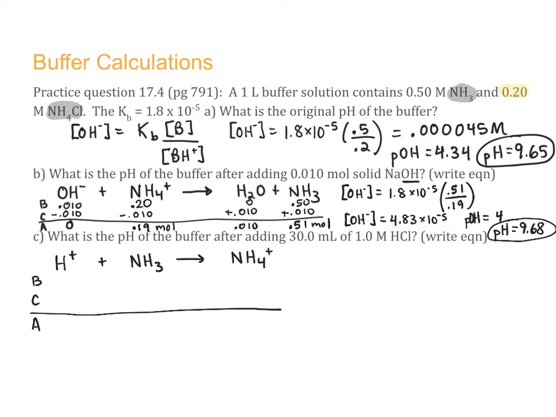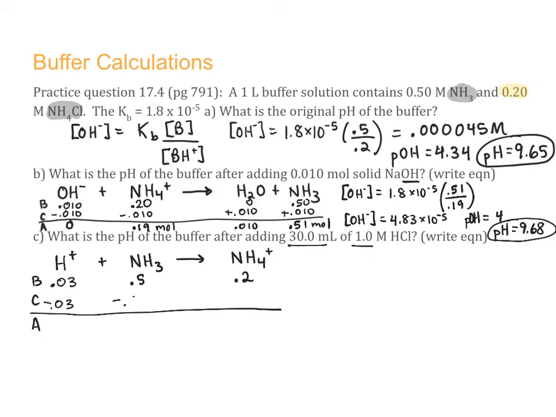I'm going to go back to assuming we start with the original buffer rather than the buffer after part B. So we have 0.5 moles of NH3, we have 0.2 moles of NH4 plus, and we just added 30 milliliters of 1 molar HCl. Volume times molarity gives moles, so this will be 0.03 moles of hydrogen or hydronium.